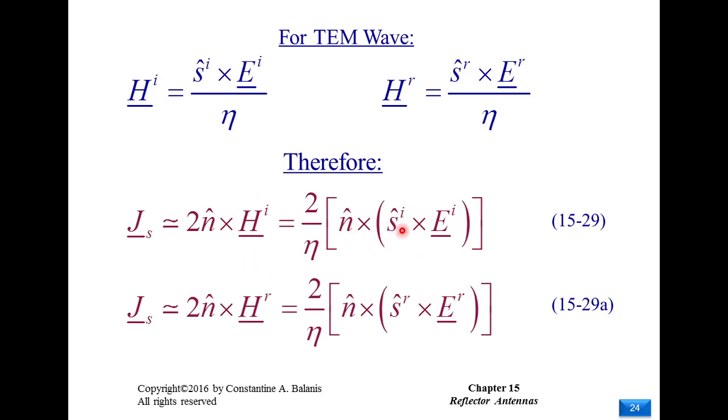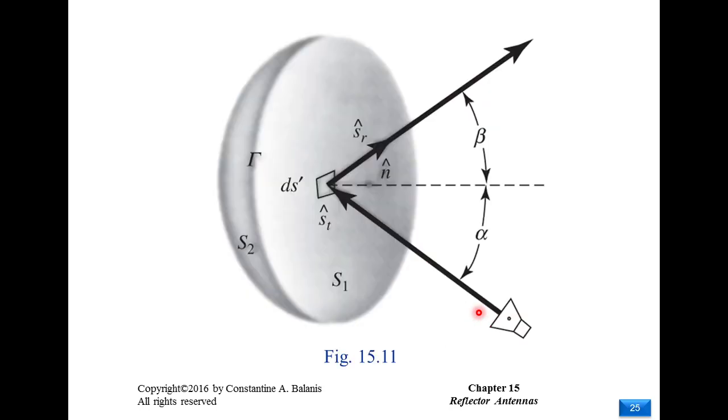So this is just a proof, because E reflected and E incident are opposite to each other, but also S incident and S reflected are not the same, they are in different directions. So we can use whichever one of them to find Js from the incident or reflected electric field at the surface of the reflector.